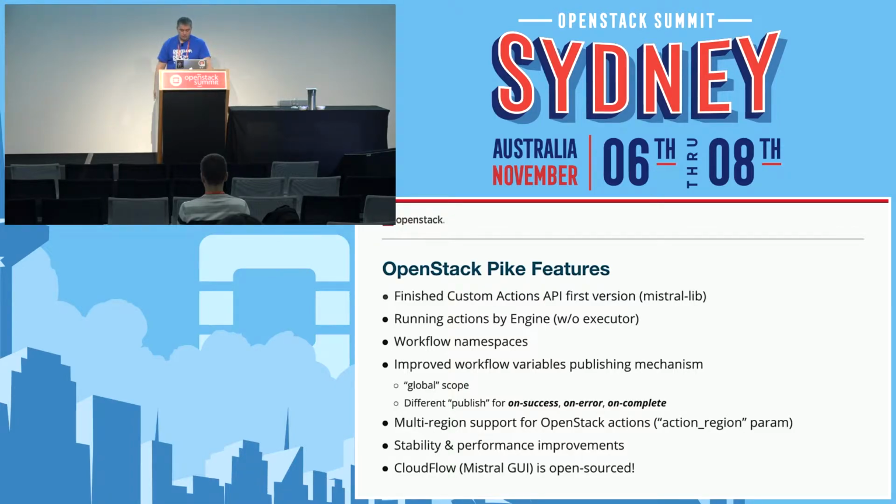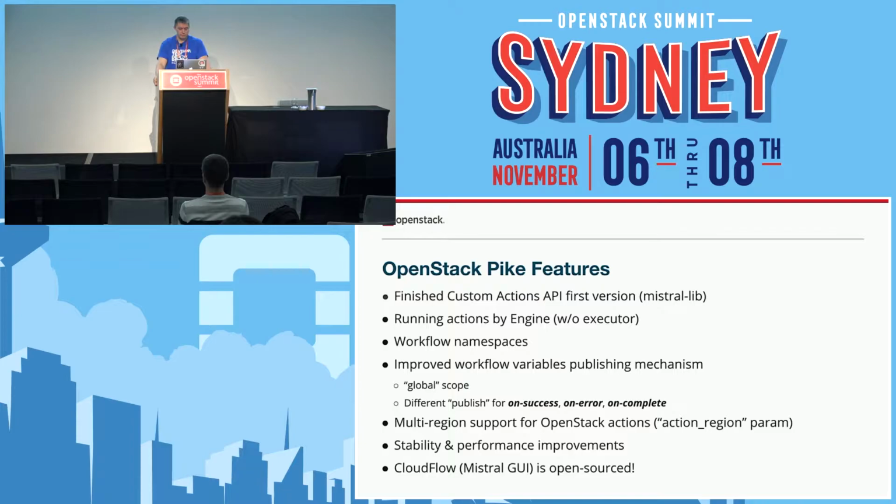So we're also planning some activity related to that. We're planning to move all our OpenStack actions out of the main Mistral repo to a separate repo and refactor them using this Mistral library, using this custom actions API code.